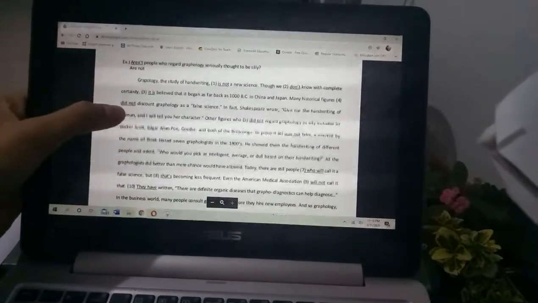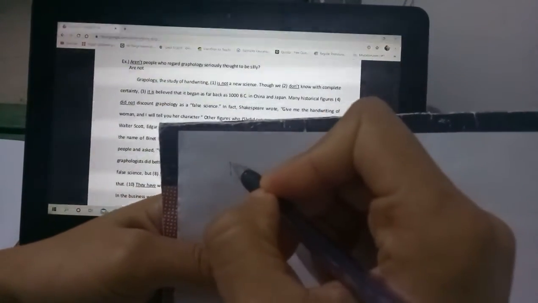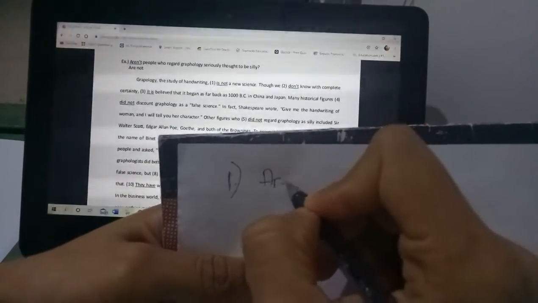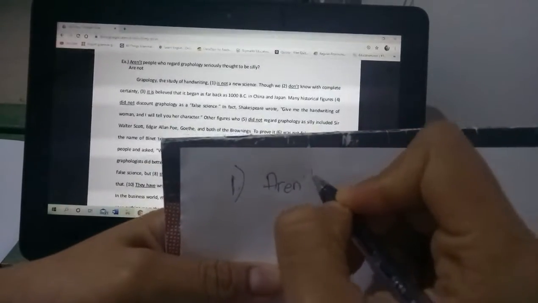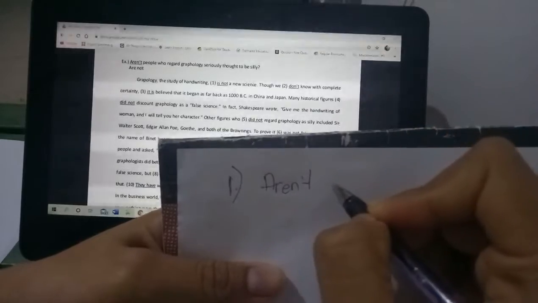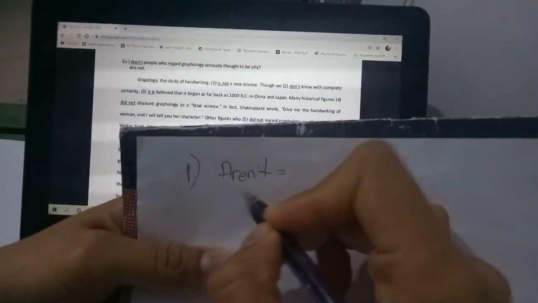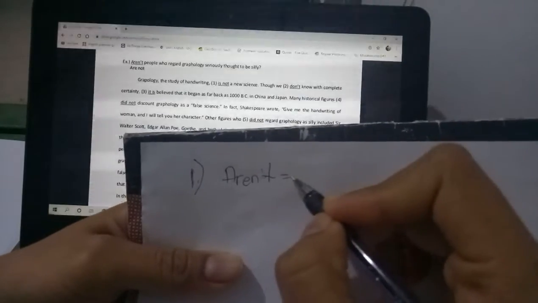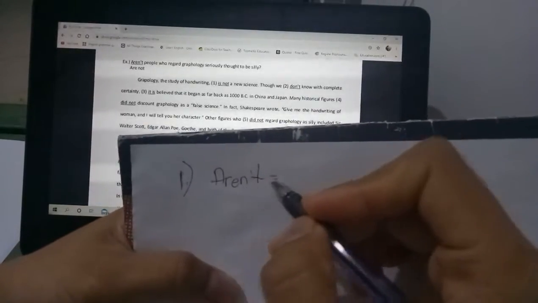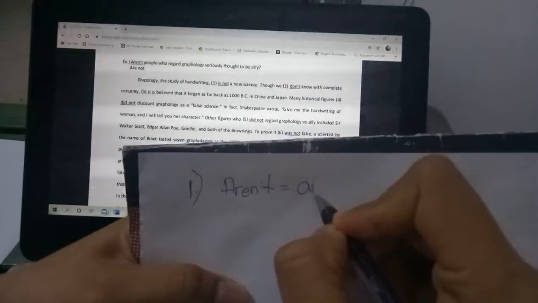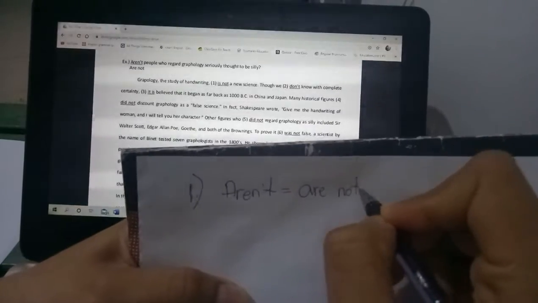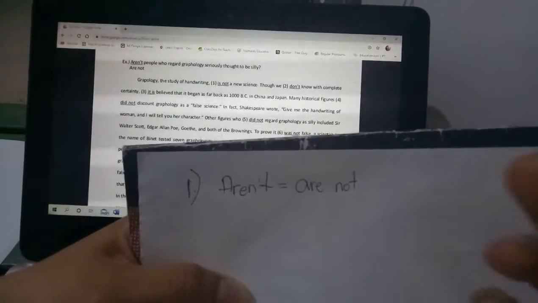On your notepad or paper, you can write number 1, aren't. You also have to write the underlined word, and then the two words that make up aren't. So the answer will be are not. That's the example.